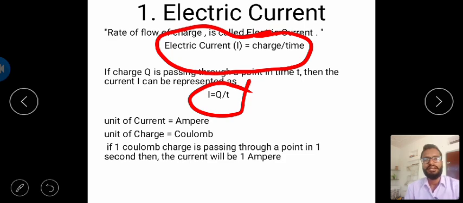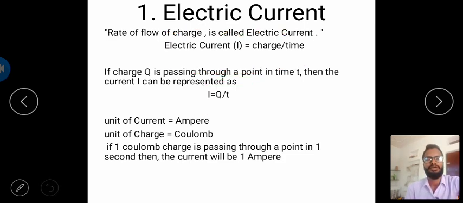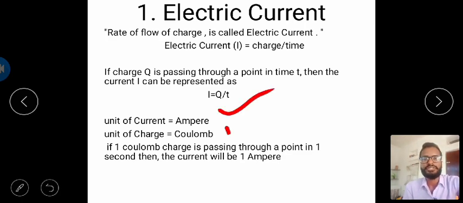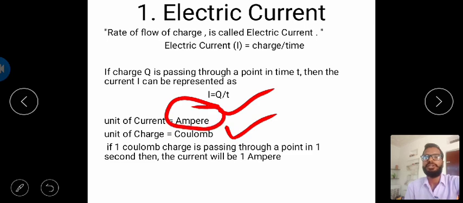There are some one-liner questions also, like it can be asked what is the unit of current, or what is the unit of charge. The current is measured in ampere, so we can say that the ampere is the unit of current.